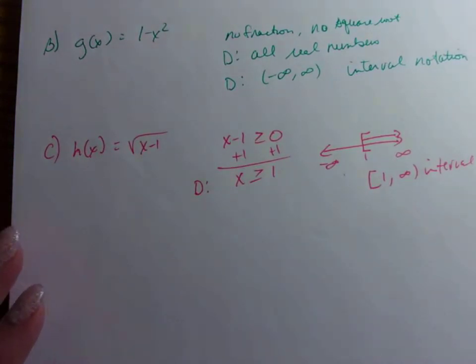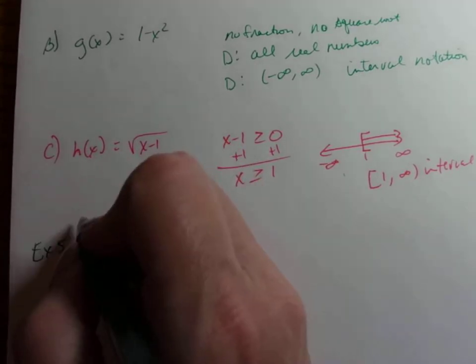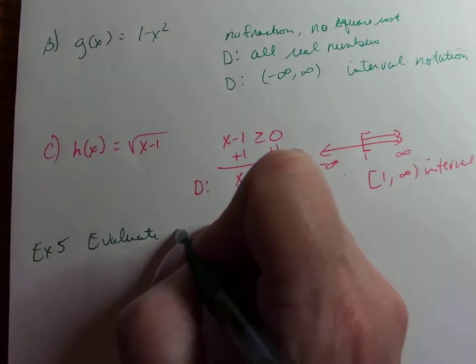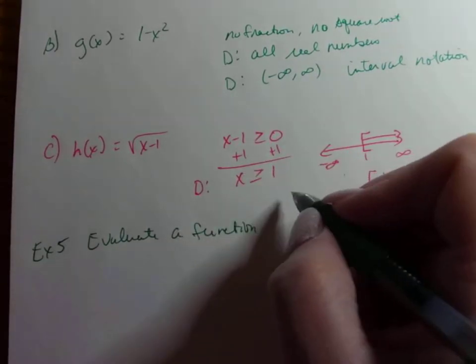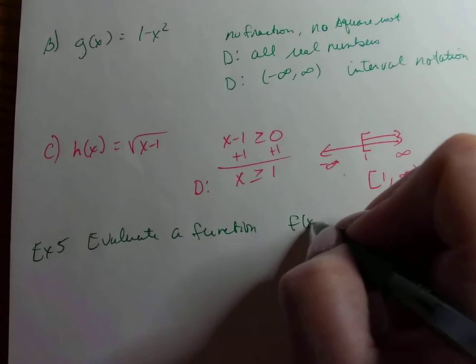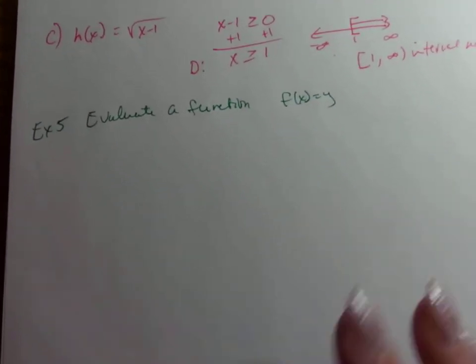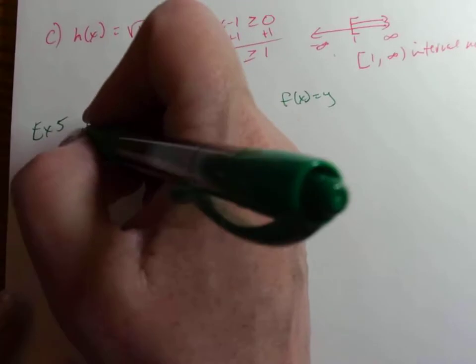So the next thing we're going to look at is evaluating a function. So example 5, we are going to evaluate a function. And remember that f of x is the same thing as y. So if we've been seeing y equals and now we see f of x equals, it's the same thing.